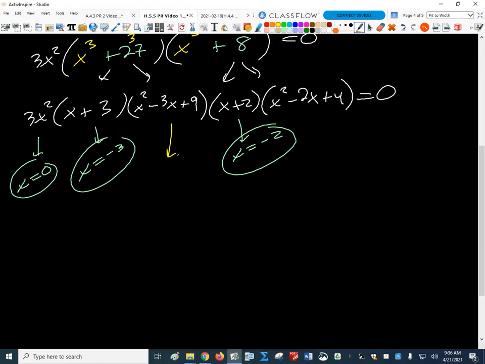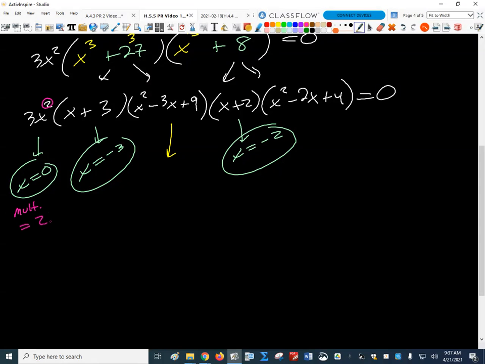For these guys, these are irreducible quadratics, and how are we going to find those zeros? Yeah, go ahead. Well, there is, because what's the multiplicity of this 0? It's 2, right? It's 2 because this is being squared, the multiplicity equals 2.